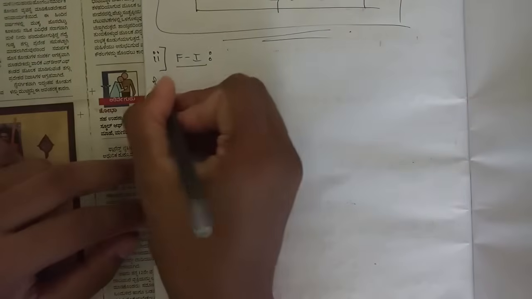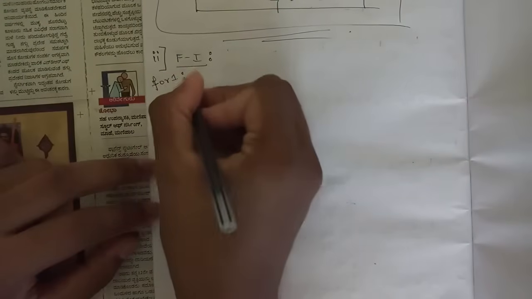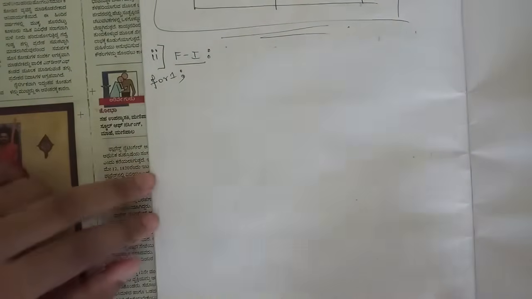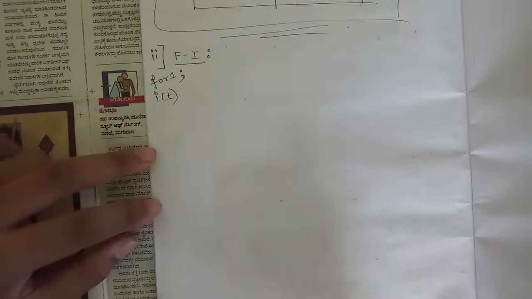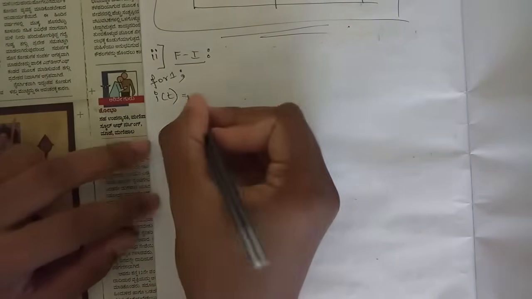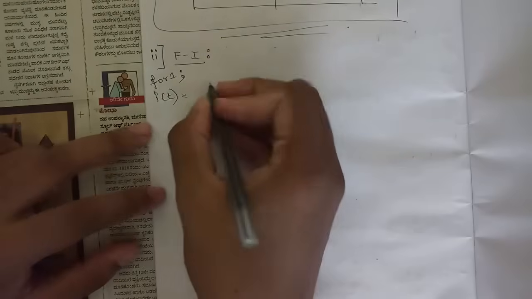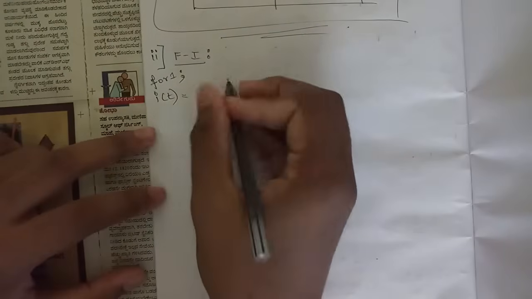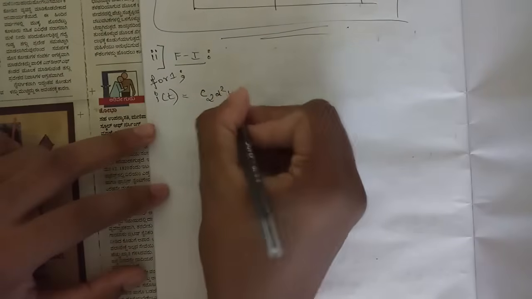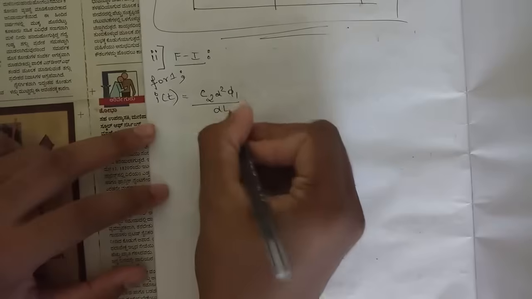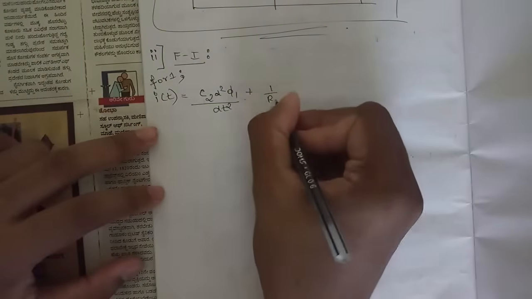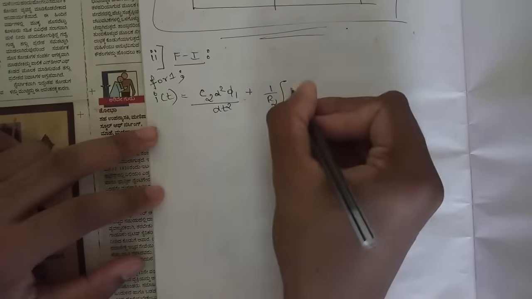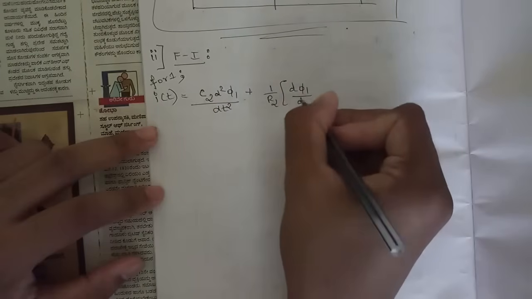So FI analogy for equilibrium equation 1. Here force is replaced by current, so F of t is replaced by I of t. M is replaced by C, so M2 is replaced by C2 d square phi 1 by dt square plus B2 is replaced by 1 by R2 d phi 1 by dt.